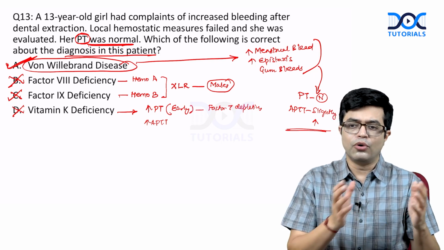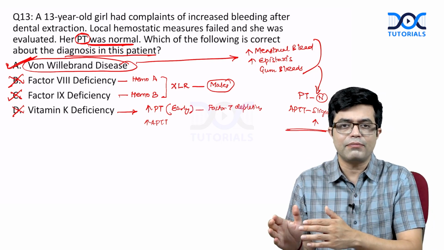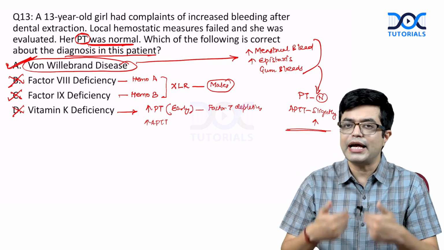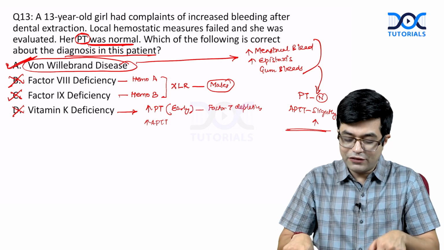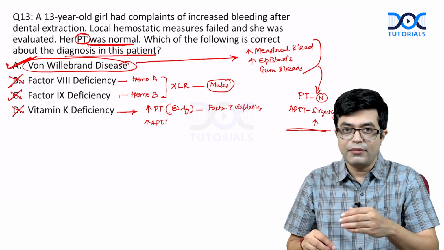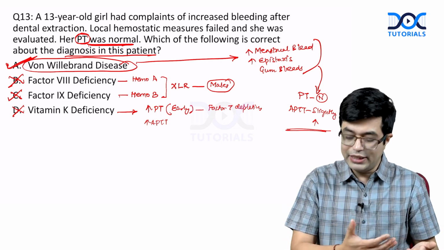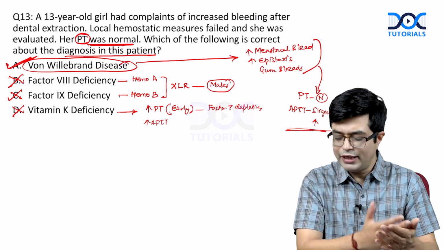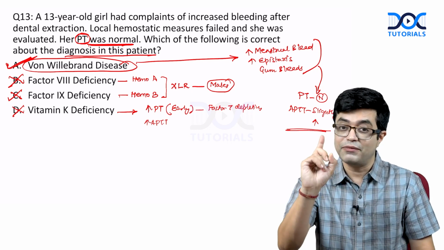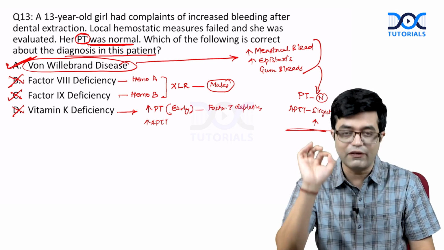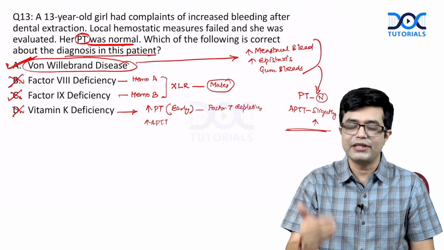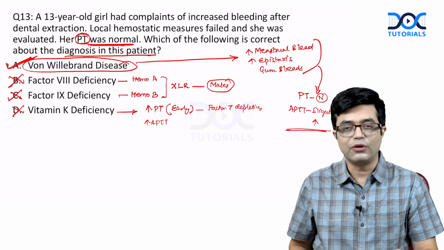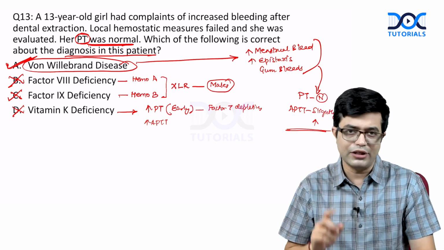In case both prothrombin time and APTT are prolonged, think of liver disease and vitamin K deficiency. And in case this kind of picture is seen where female child is there, menstrual bleed is there, prothrombin time is normal, APTT is slightly elevated, which very cleverly they did not mention, the answer will be von Willebrand disease. Understood? Remember these points. I have discussed in details. This is about question number 13. Very standard, good quality question.